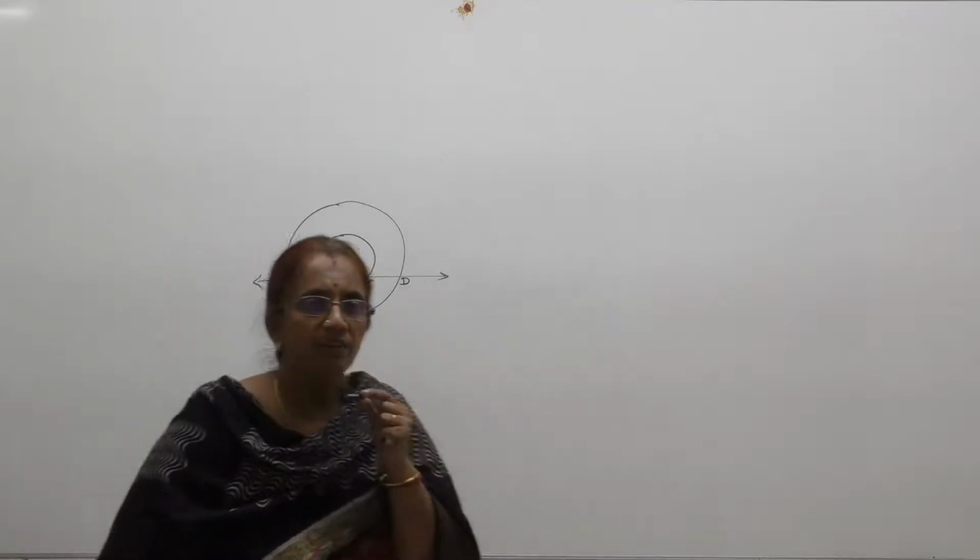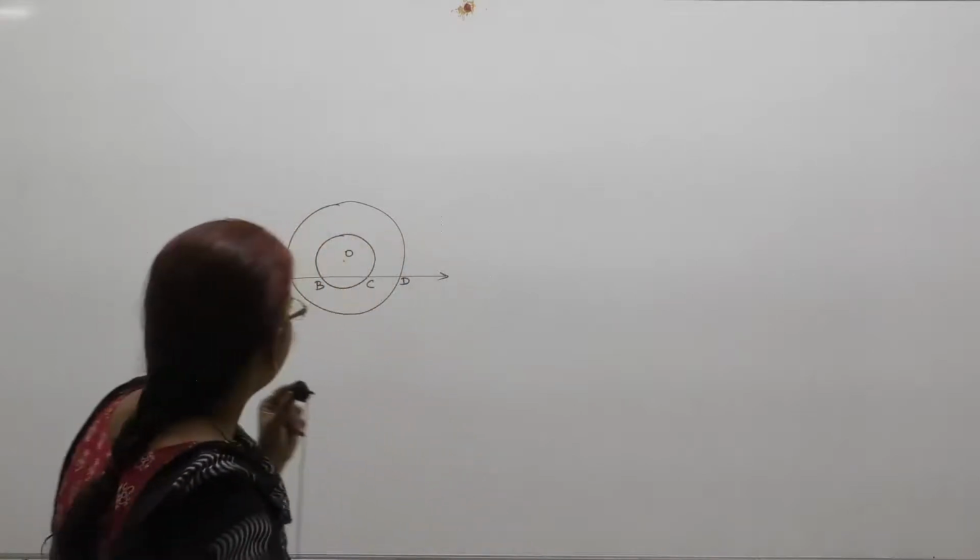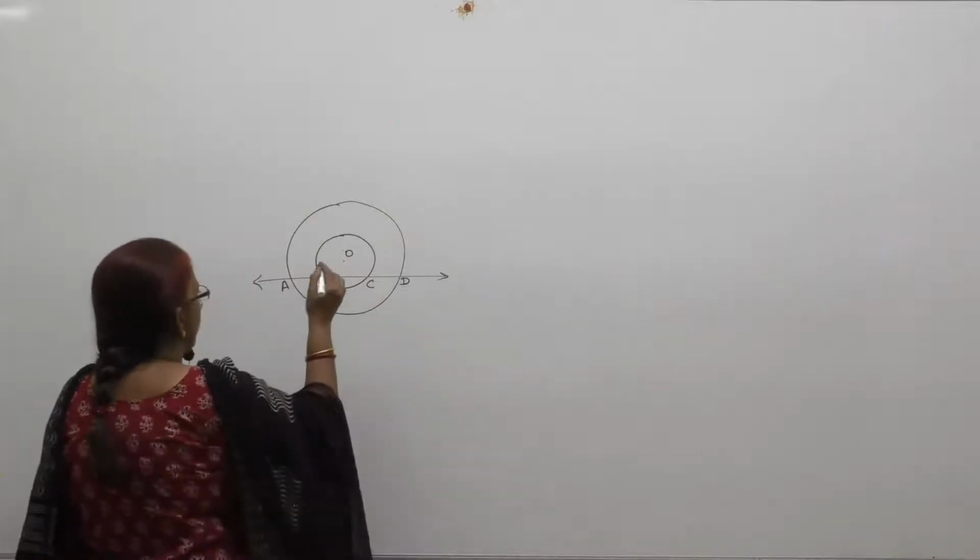And you've been given that there is a line that intersects the two concentric circles at A, B, C, and D. You need to prove that AB equal to CD. It's a very simple problem again.